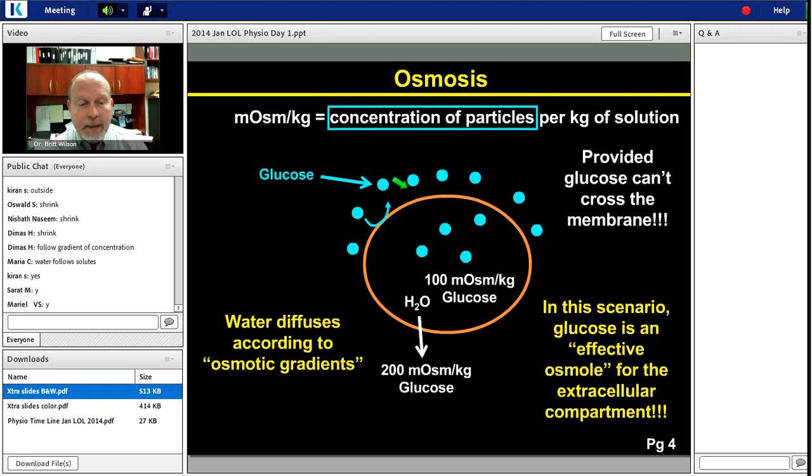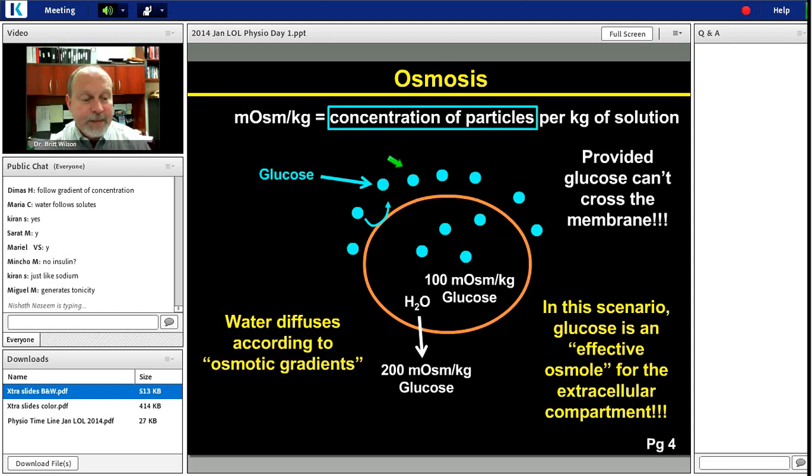Because it can't cross, it can cause water to move. So it's an effective osmole for outside the cell, in other words, the extracellular compartment. That's what an effective osmole means.